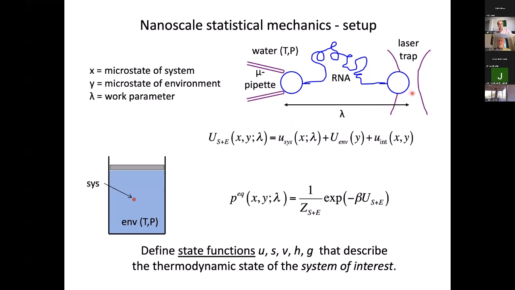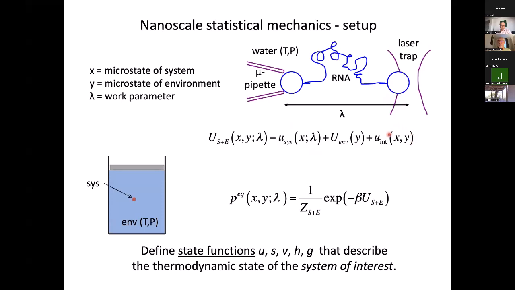So I'm imagining that the optical tweezers here are forming some kind of harmonic potential that acts on the center of mass of this bead. Then I'm going to have a contribution from the bare energy of the surrounding environment. This is just the energy associated with the water molecules and how they interact with one another.